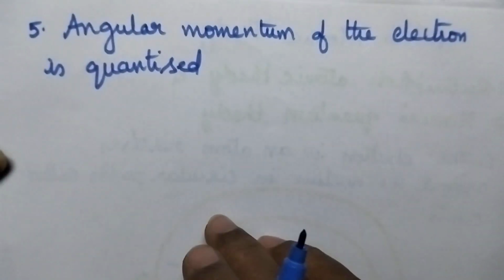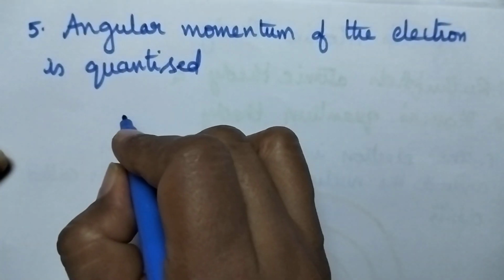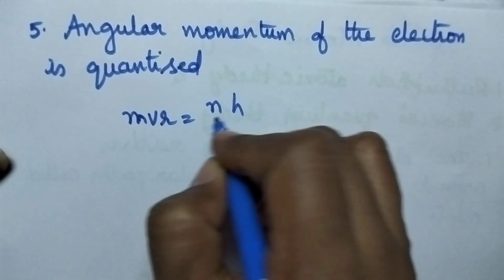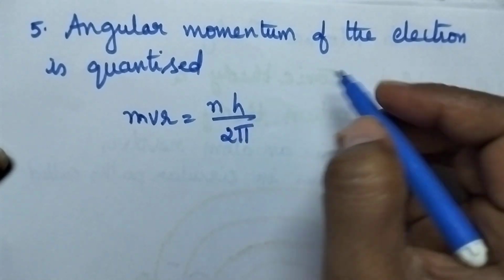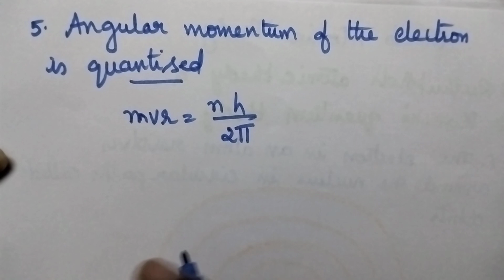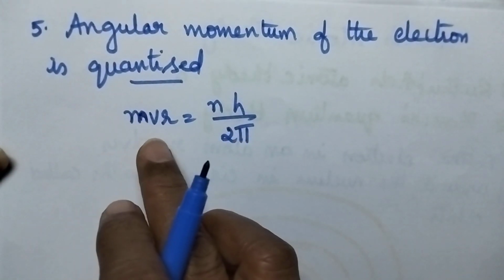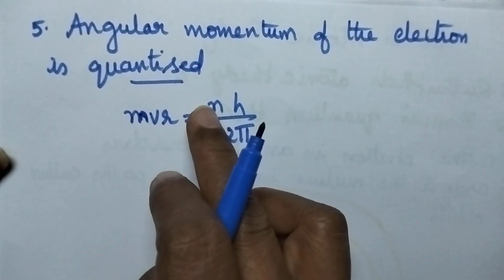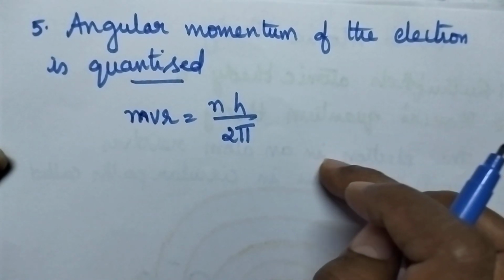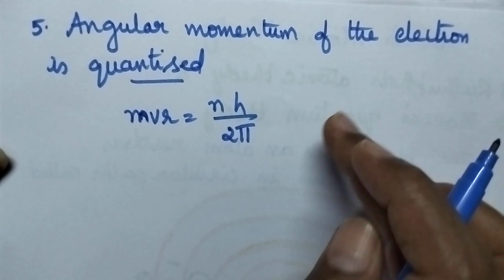That means the electrons revolve in those orbits for which the angular momentum, that is mvr, is an integral multiple of h by 2 pi, and hence the angular momentum of the electron is quantized. So according to Bohr, always the angular momentum of the orbit is an integral multiple of h by 2 pi.